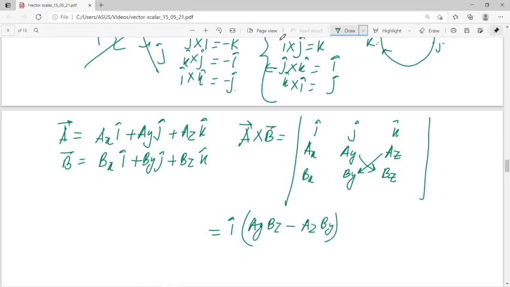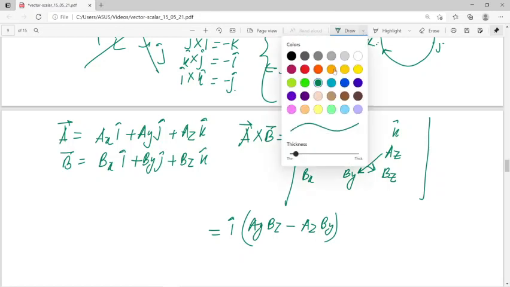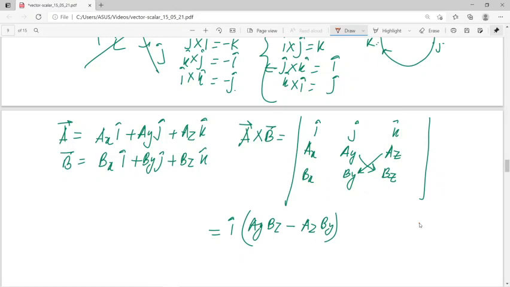Now if we consider j cap, we take a minus sign, then you multiply this minus this, that means AX BZ minus AZ BX.